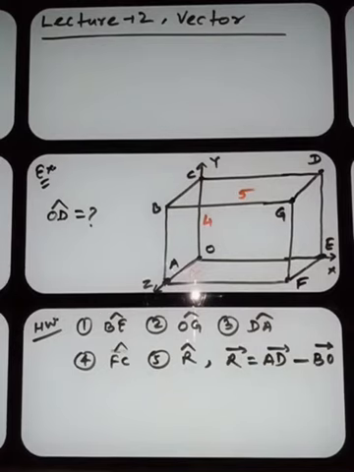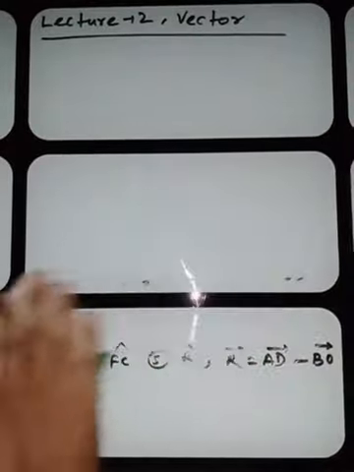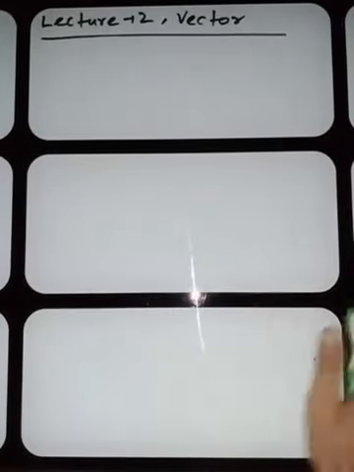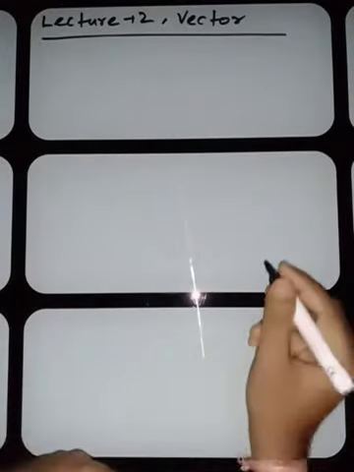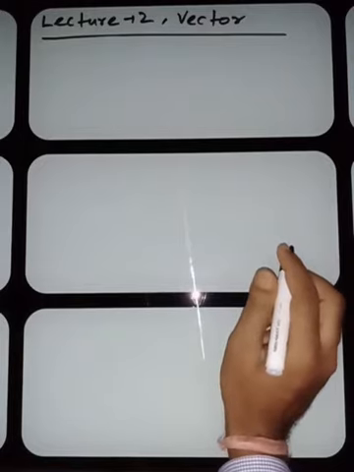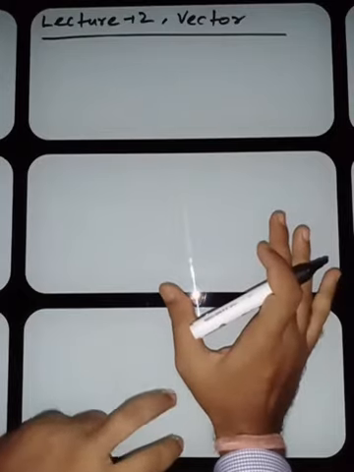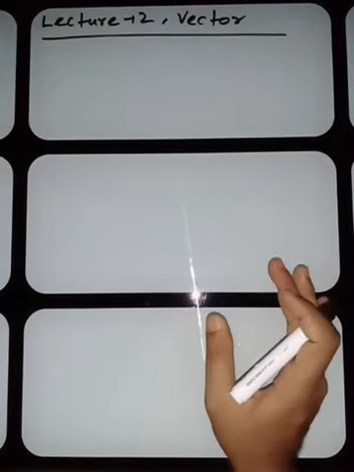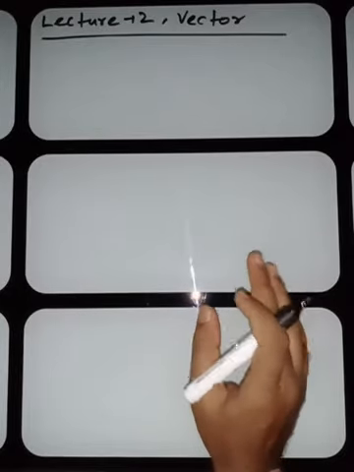Now a few more interesting questions let us discuss. My dear students, we studied in the last class about the addition of vectors using the triangle law. Now I'm writing here two statements. For the first one you have to guess whether it is correct or not.